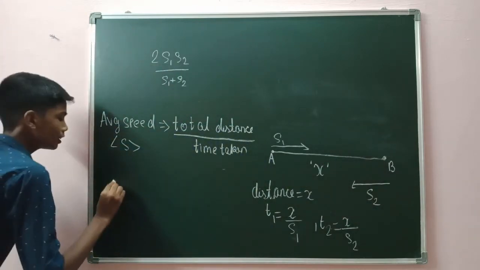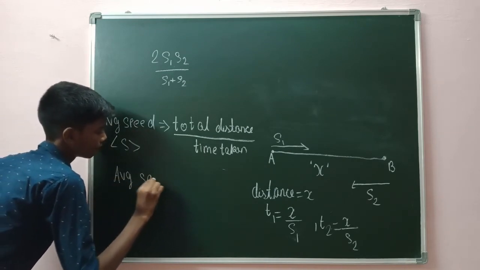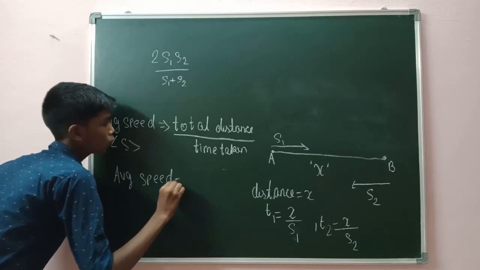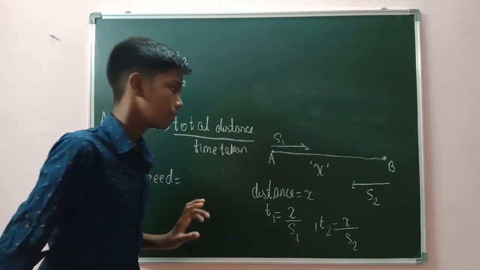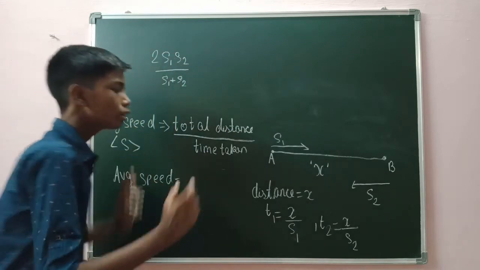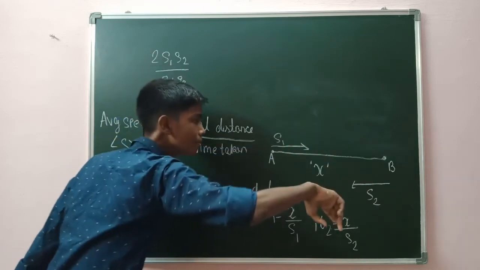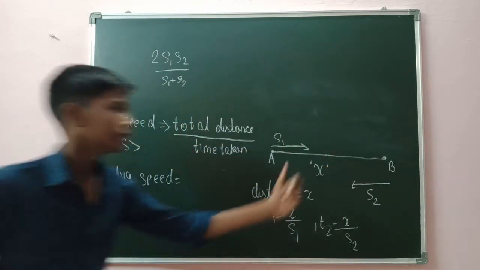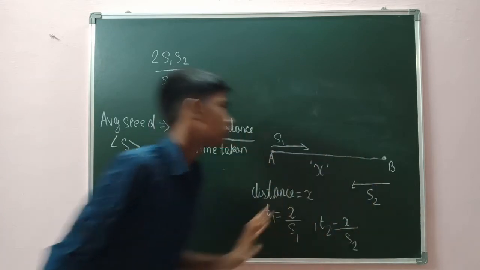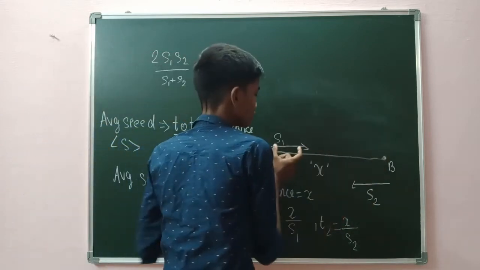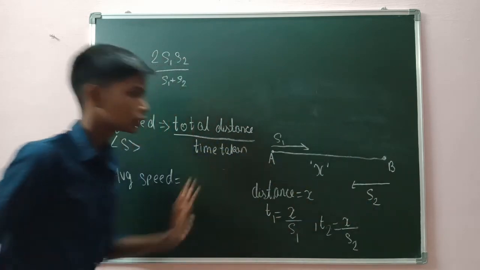So hence average speed is total distance by total time taken. What is total distance covered for the whole trip? The object is moving to B from A with speed s1, and in the same way it is going back to A from B with speed s2, and the distance is x only.